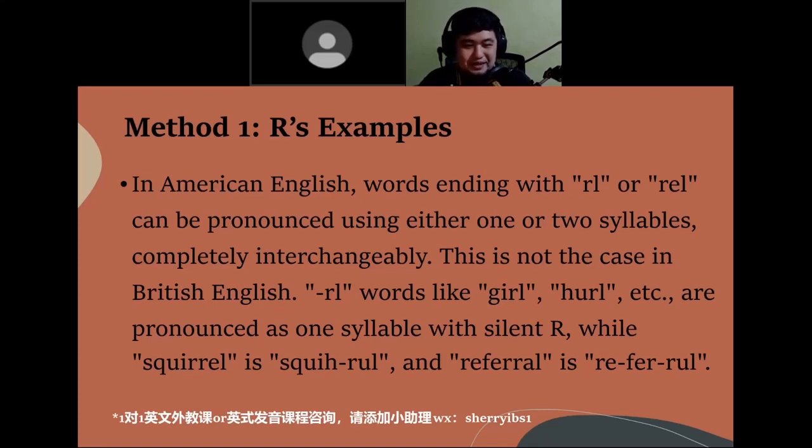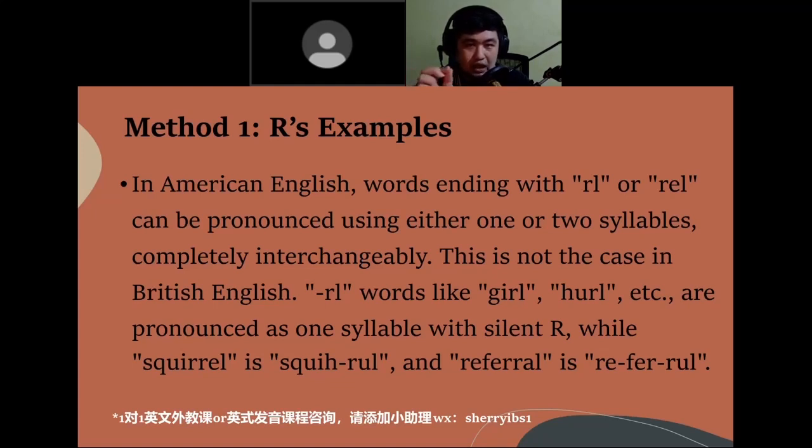So what are some examples of R's? Instead of, let's say, the word swirl, in American they say swirl. You could hear the R, but in British accent it's kind of minimized.